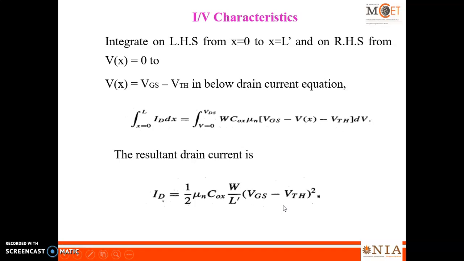So this is my resultant drain current for the reduced channel length L dash. Are you able to understand the concept?